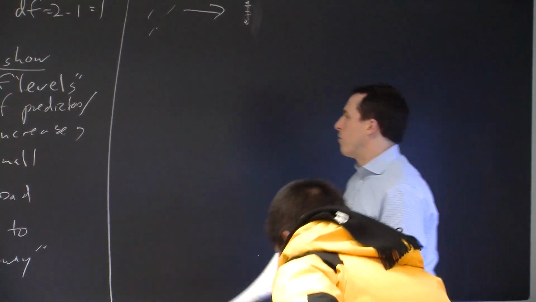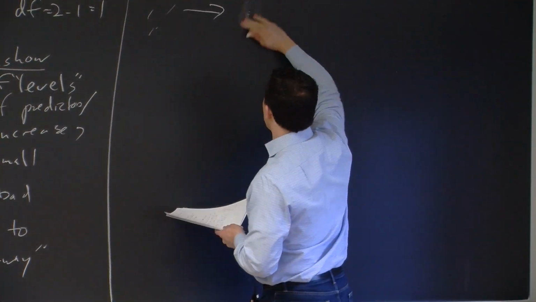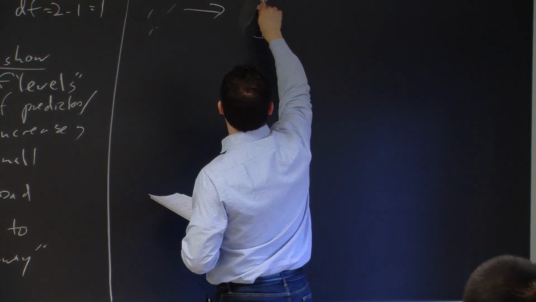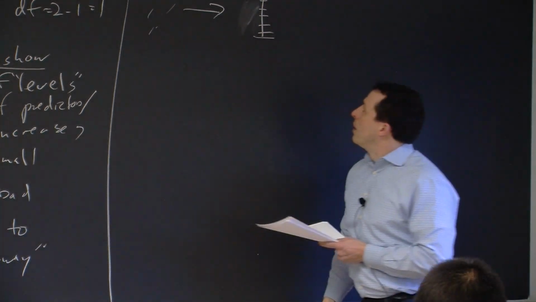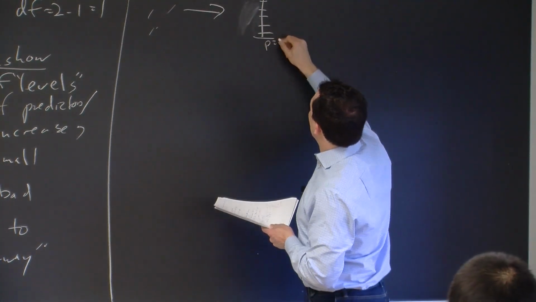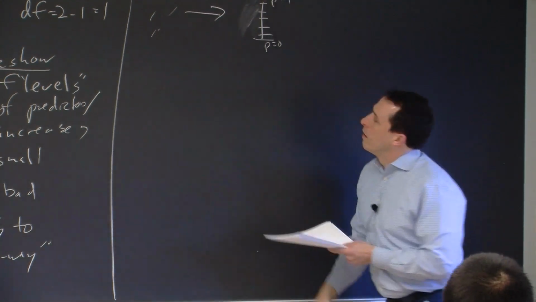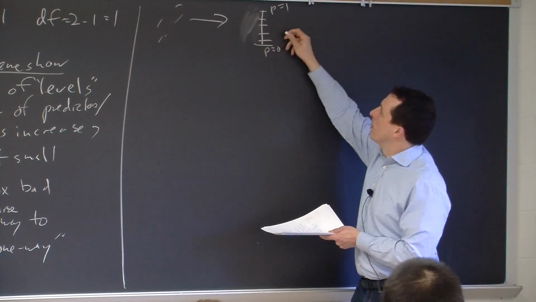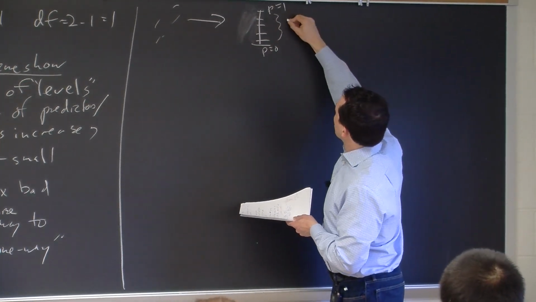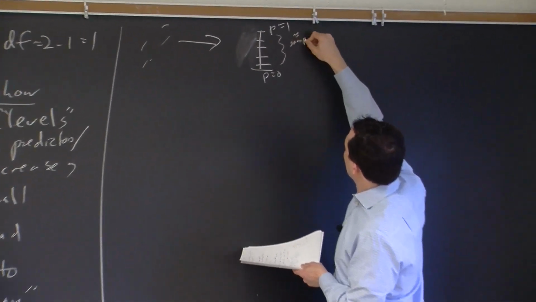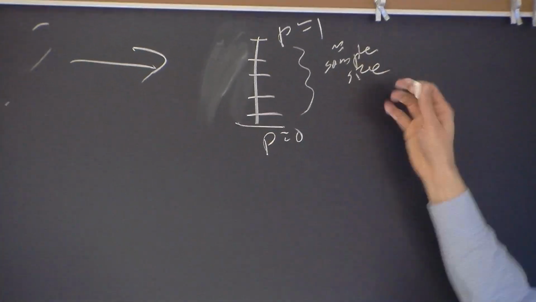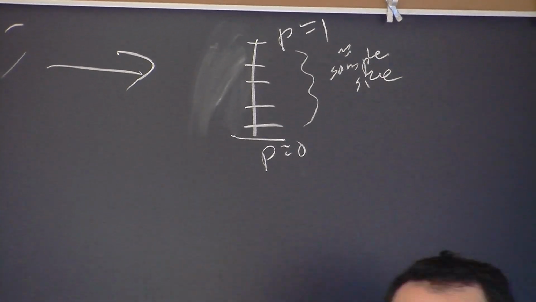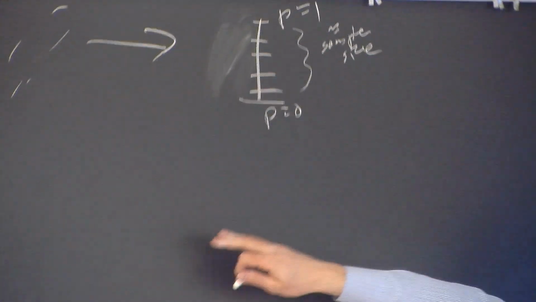So the idea of the Hosmer-Lemeshow is to take the domain of this function, probability equals 0 up to probability equals 1, and break it up into similar chunks. Usually this is around the sample size, certainly not bigger. So the problem we started with was that there were way too many of these things.